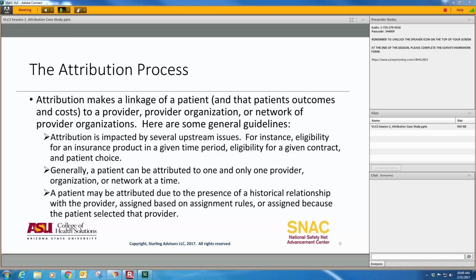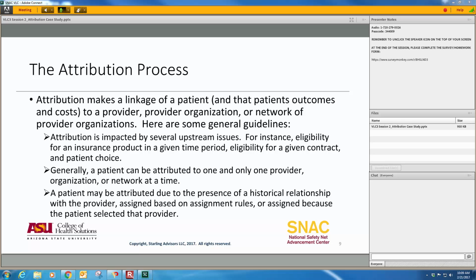So today we're going to be discussing the attribution process and the types of attribution data that organizations receive. Attribution, as we discussed in our last session, makes a formal linkage of a patient and therefore that patient's outcomes and costs to a provider organization or network of provider organizations.